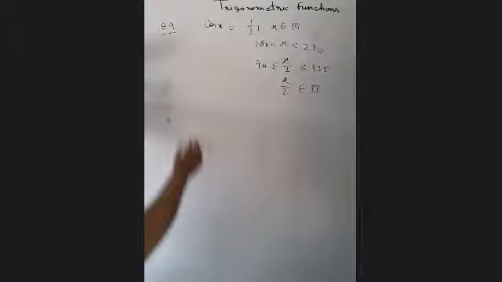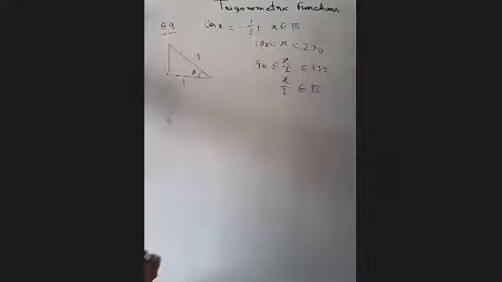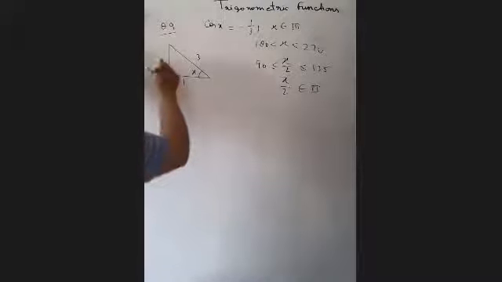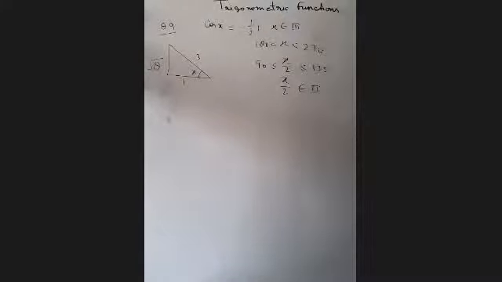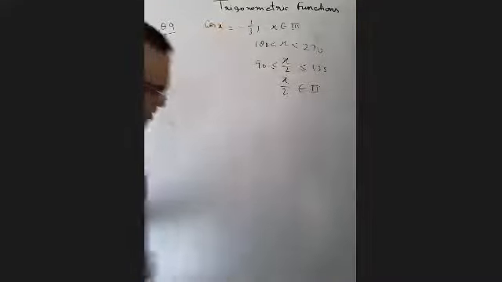Now we use the Pythagoras theorem. 9 minus 1 is 8, so it will be root 8. But I think we don't need to find these values because we need the cos x only, and we have the value of cos x here.